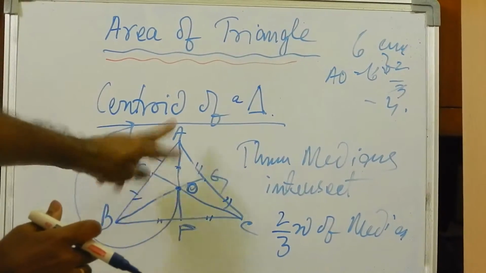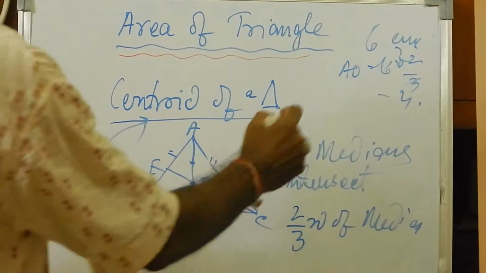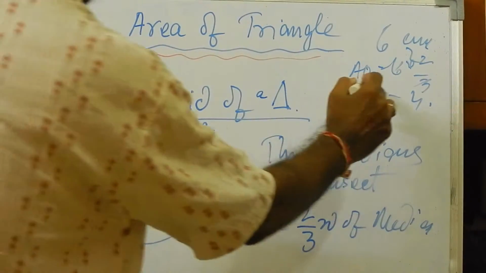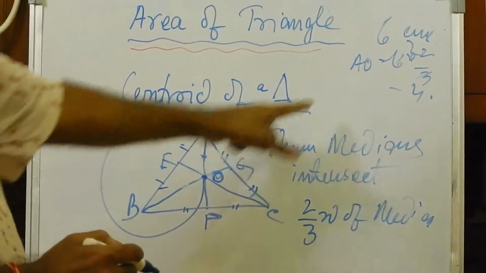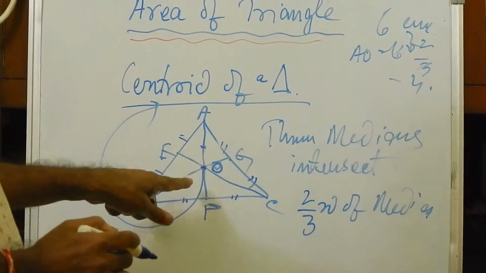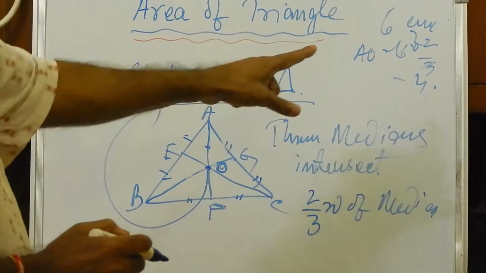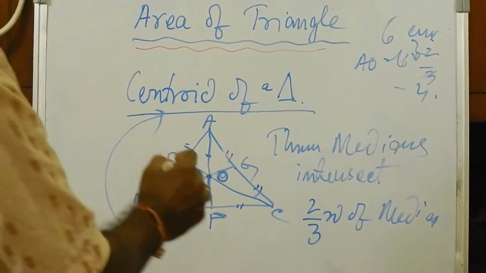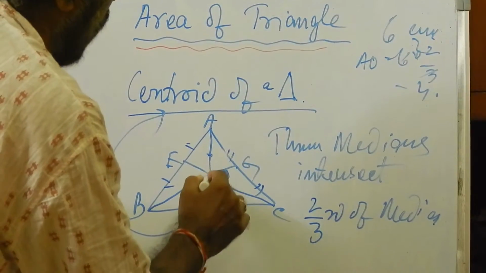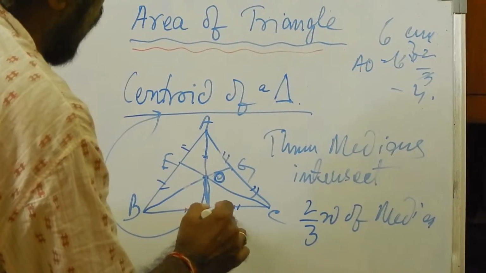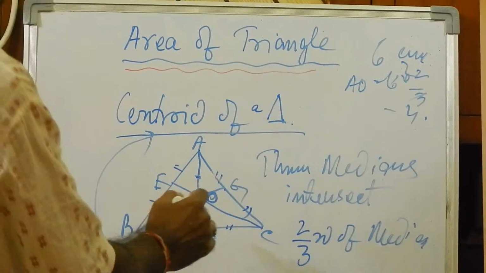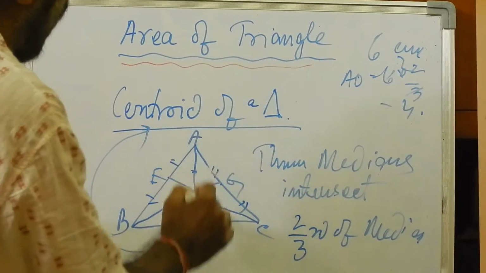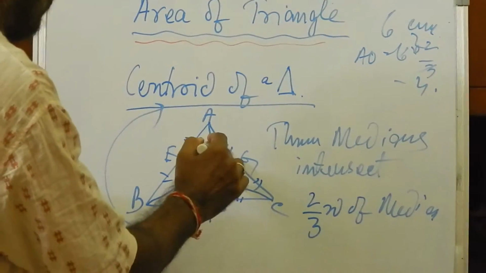AO is 2/3 of the median AF. So if AF is 6, then AO would be 2/3 of the median, and this length is 1/3, as I told you earlier. OF is 1/3. The total length is 3. This is 1/3, this is 2/3.